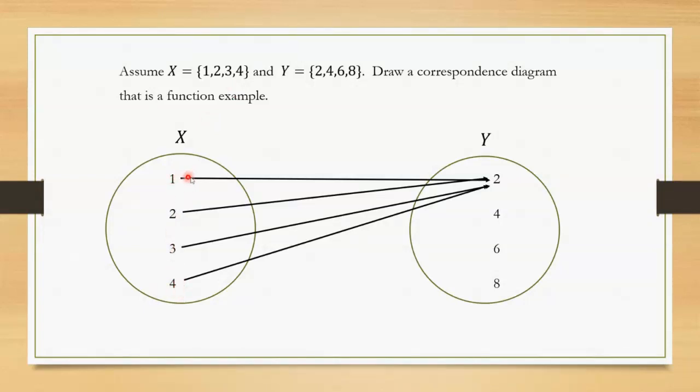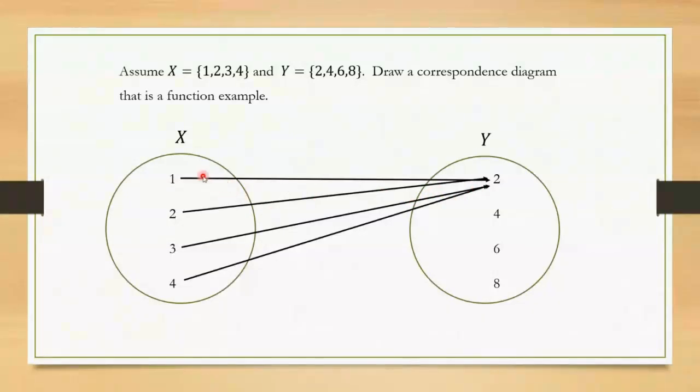In other words, we have a function: each input is assigned one output. Each of the inputs here is assigned the same output from Y. So they're each assigned the same thing from Y. That's okay. That can happen in a function.